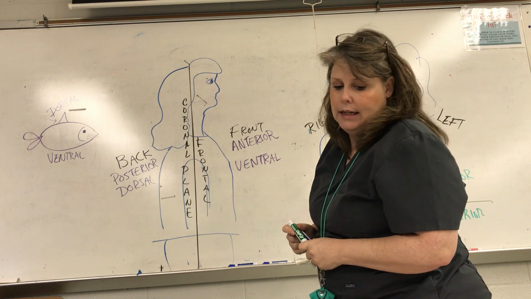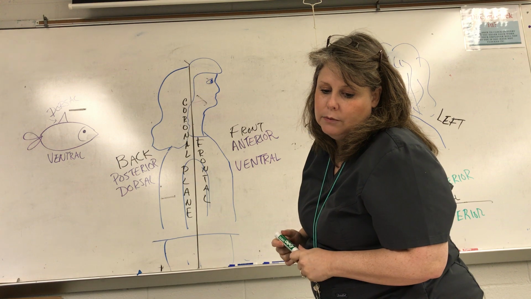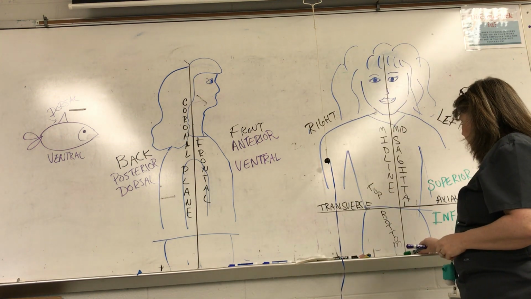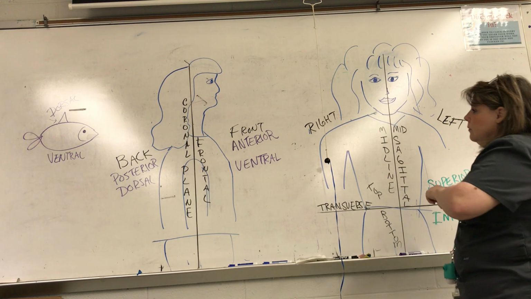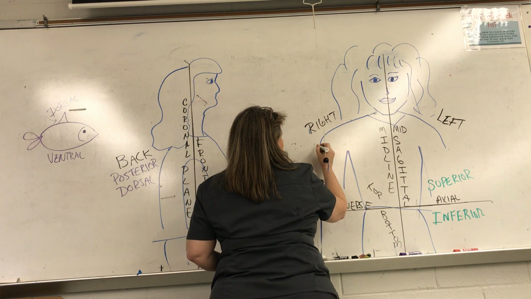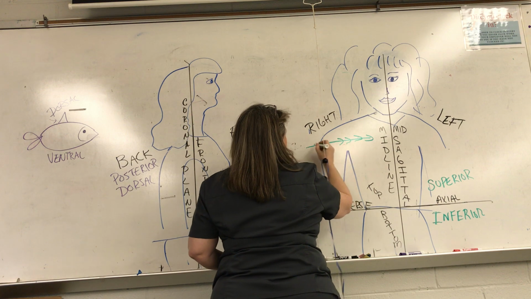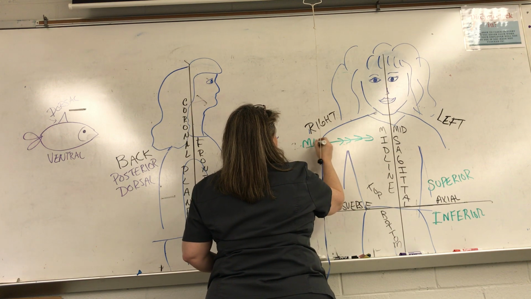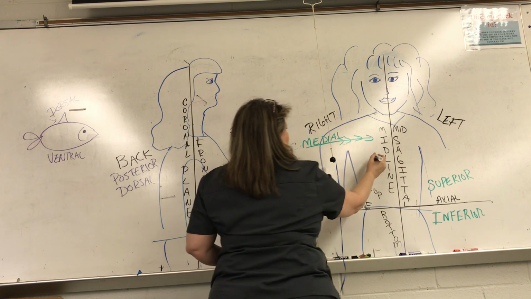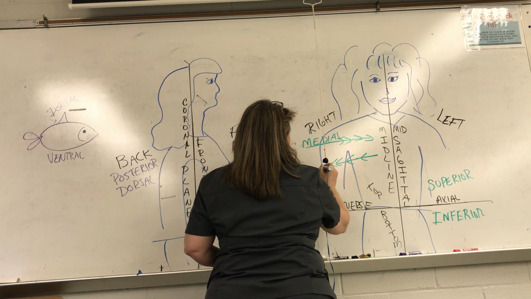We did front and back, anterior, posterior. We did frontal plane, sagittal plane, transverse plane, medial, and lateral. So, medial means towards the middle or towards the midline. Lateral literally means side.